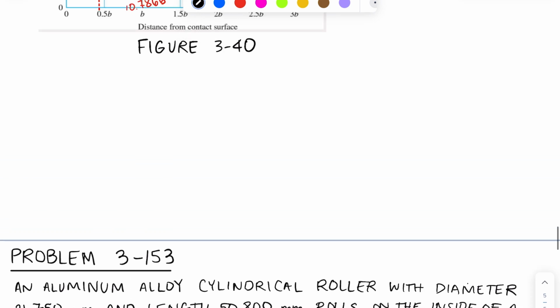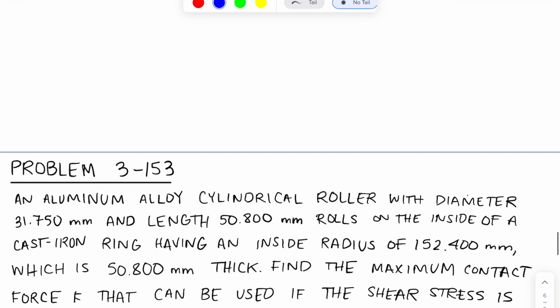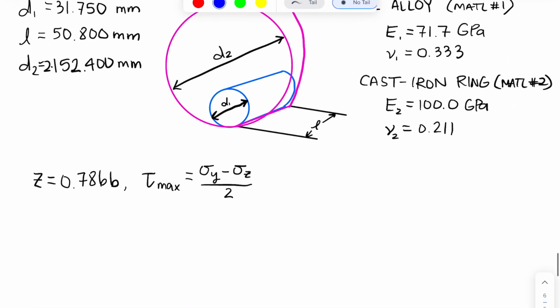Because remember, at this point, we've crossed this threshold line where sigma x was bigger than sigma y, or smaller than, I guess I should say, in magnitude, and now we're at the point where the magnitude of sigma y is smaller. So the difference between sigma y and sigma z divided by 2 gives us our maximum shear stress in this area of the graph. Okay, so we're going to need equations for sigma y and sigma z.